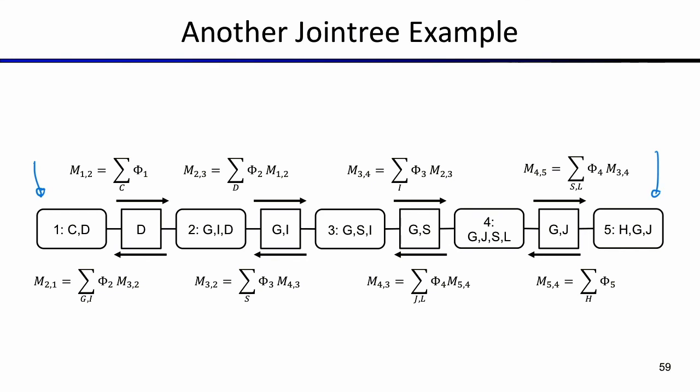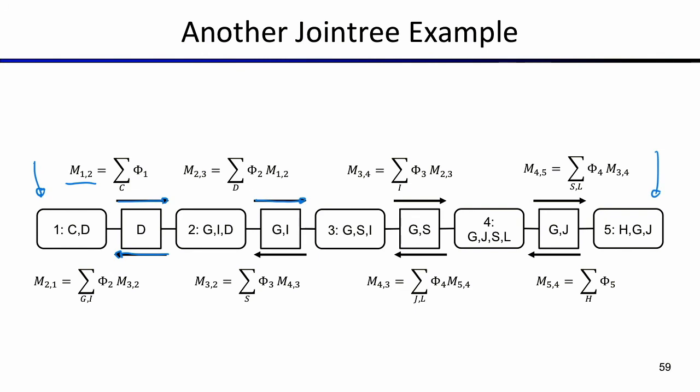So let's suppose that we send the first message, message 1 to 2. So we send this message here, right? When cluster 2 receives this message, it's in a position to send the message to cluster 3. But it's not yet in a position to send this message here from 2 to 1.